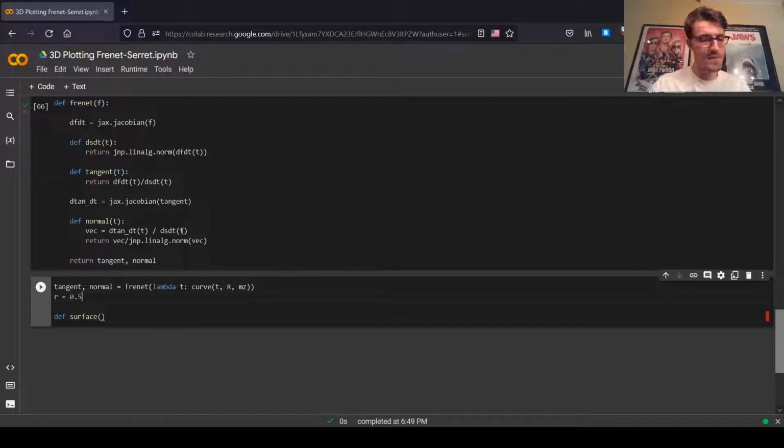Let's say it's 0.5. For a certain radius, there'll be a point there. Now we're going to have to consider another independent variable, which will be the angle theta. So this function is going to need time, and it's also going to need some theta value.